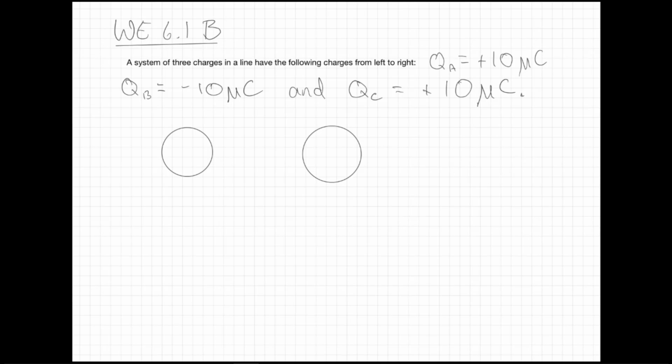That's an oval. There we go. This one's QA, this one's QB, this one's QC. We know the charge is up the top. They are separated by the following distance.